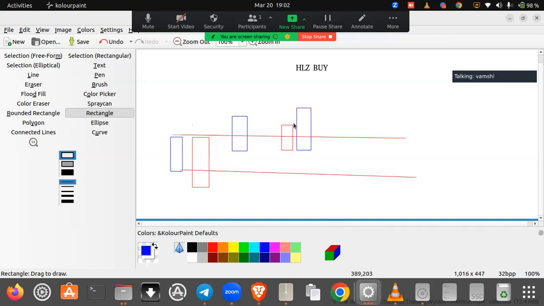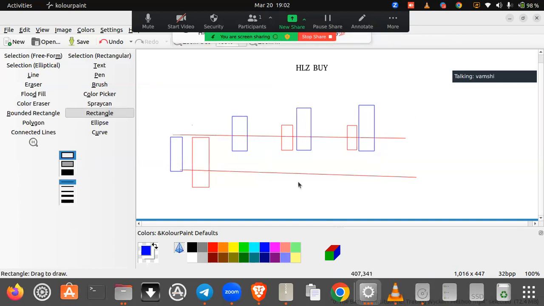Here we have the engulfing buy one, which we call the first confirmation. Here is the second confirmation.